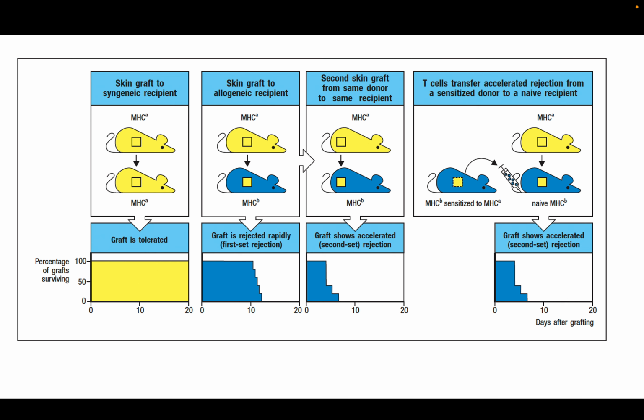But the main thing that is usually not similar is the MHC, because this one has an MHCB and this one has an MHCA. So what occurs technically here is that this blue mouse will create a T cell response against this MHCA that it doesn't have, because that's foreign. That is seen as a foreign invader.